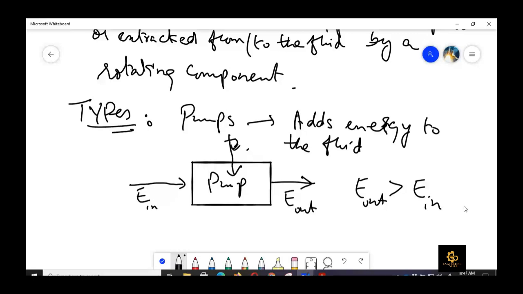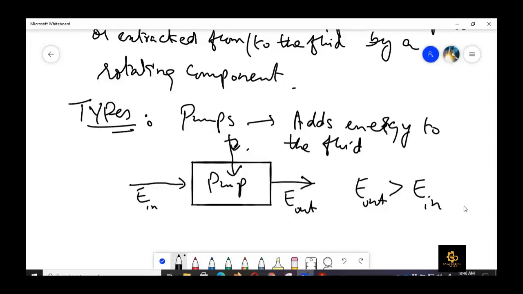Right? Work is done on the fluid to increase its pressure, and then that pressure head can be used to move the fluid from one place to another. Like in case of the centrifugal pump installed at our homes, that pressure is used to move the fluid against gravity, so that the fluid can be transported from the ground level to the overhead storage tank, which is there at the rooftop.